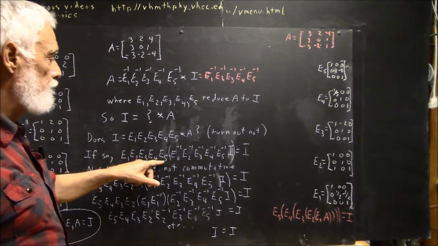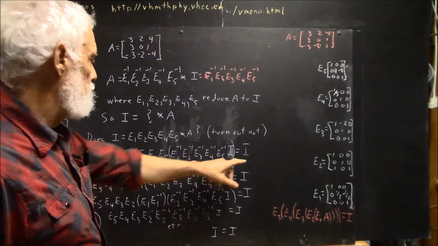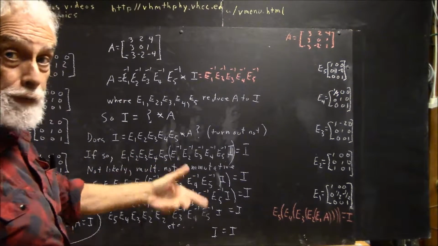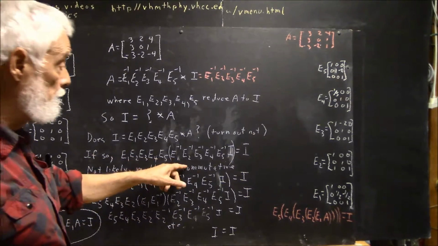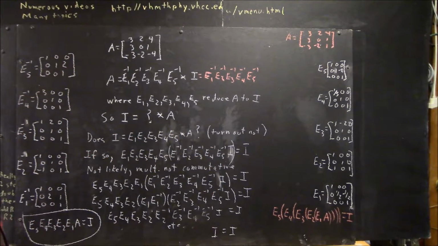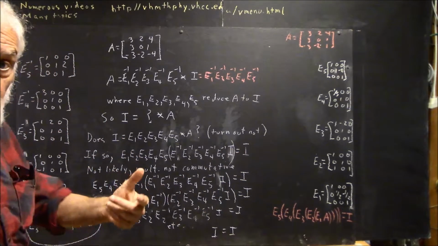If we multiply this by this, then this times this would have to equal I, and it's not likely. It's because matrix multiplication isn't commutative. We know that E1 times E1 inverse is going to give us the identity, and E2 times E2 inverse is going to give us the identity, but when you write them out in this form, matrix multiplication isn't commutative.